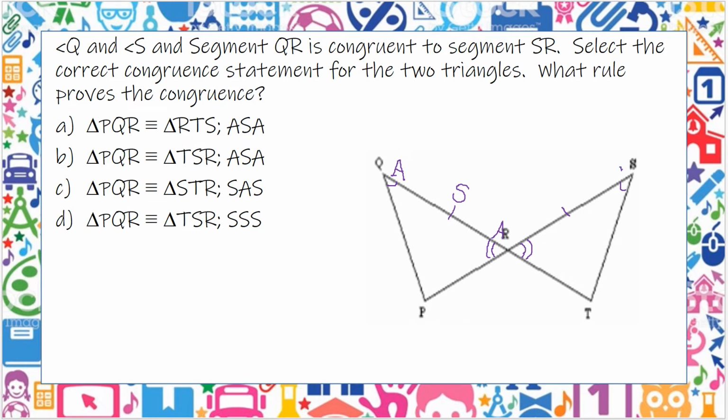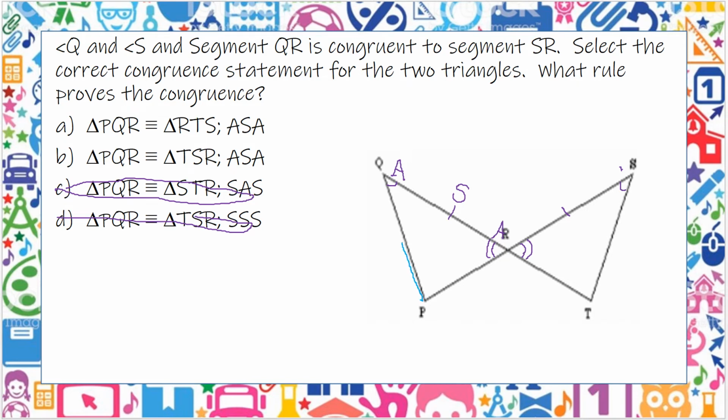So that tells us right off the bat we can't use C and we can't use D. So we are looking for PQR. So I'm going to change my color because I want you to see the direction it goes from, because we have to match these up.